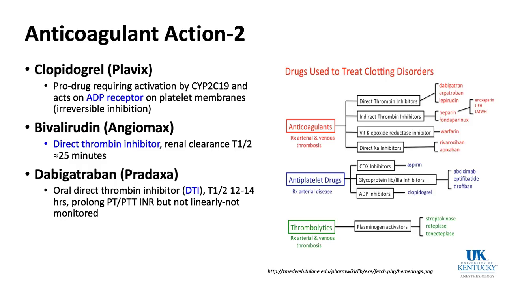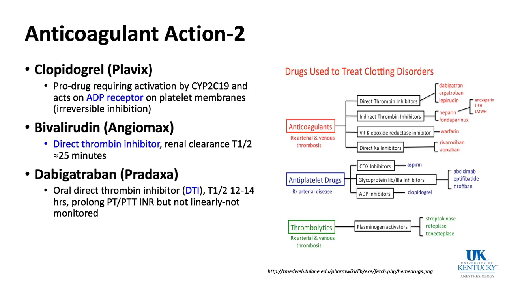So drugs used to treat clotting disorders are summarized on the far right. You can see the DTIs, drugs like dabigatran, argatroban, the indirect thrombin inhibitors that work via antithrombin 3, one being heparin. There are the vitamin K dependent drug warfarin, affects 2, 7, 9, and 10.